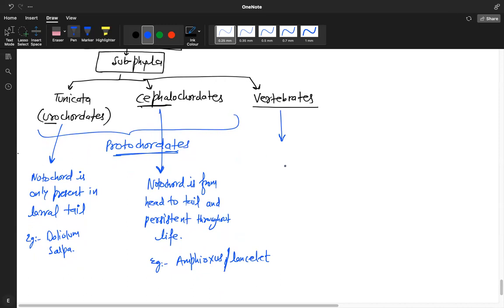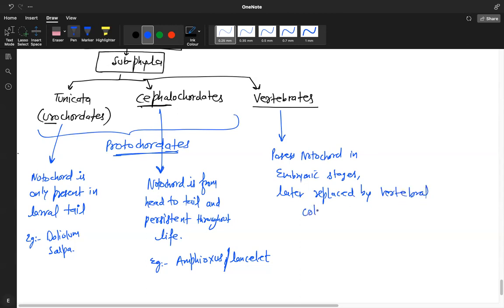Now, what about vertebrates? Write down. They possess a notochord in embryonic stages, which is later replaced by the vertebral column, and this vertebral column is either bony or cartilaginous.